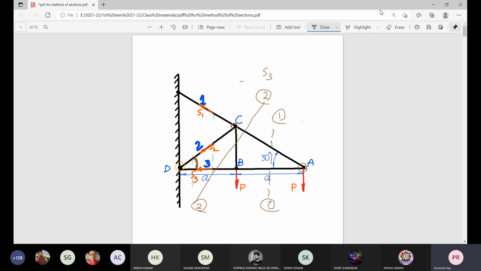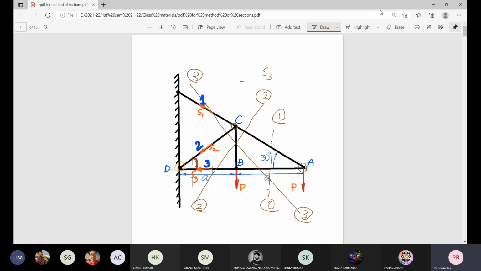Similarly, if you pass a section like this, section 3, in that case only S1 and S2, no S3 is accommodated there.